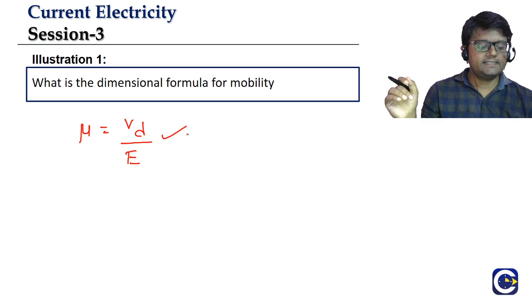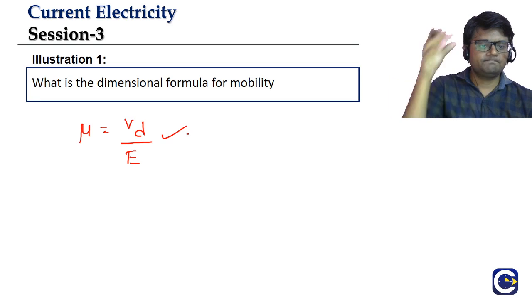Any responses, guys? What will be the dimensional formula for mobility?